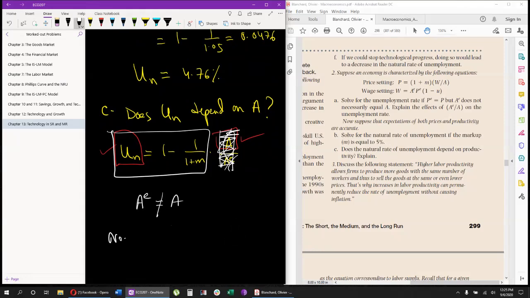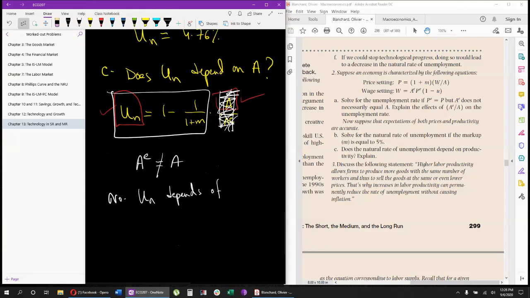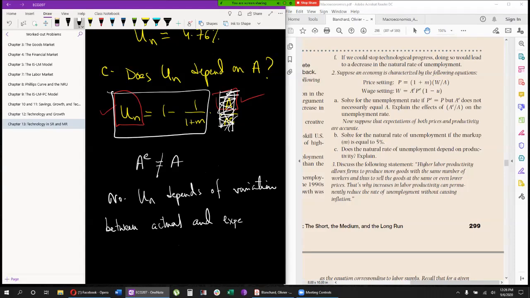But that is because the natural rate of unemployment depends on a variation or difference between actual and expected productivity.